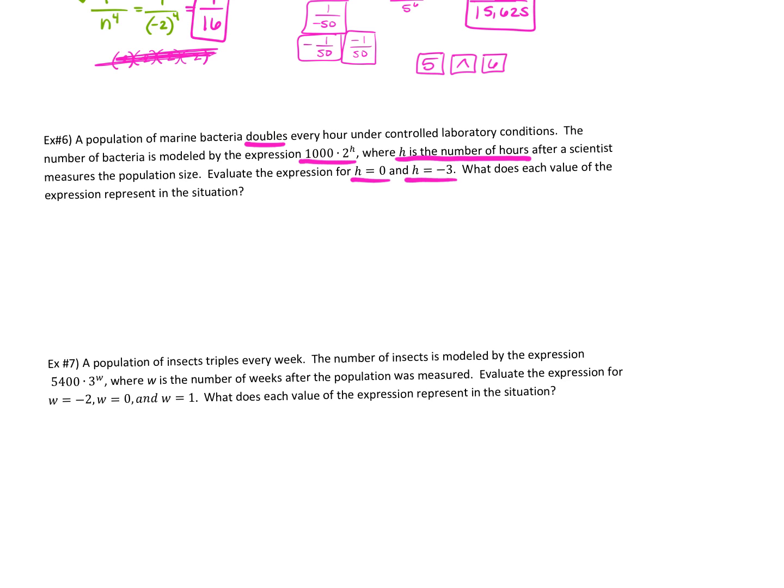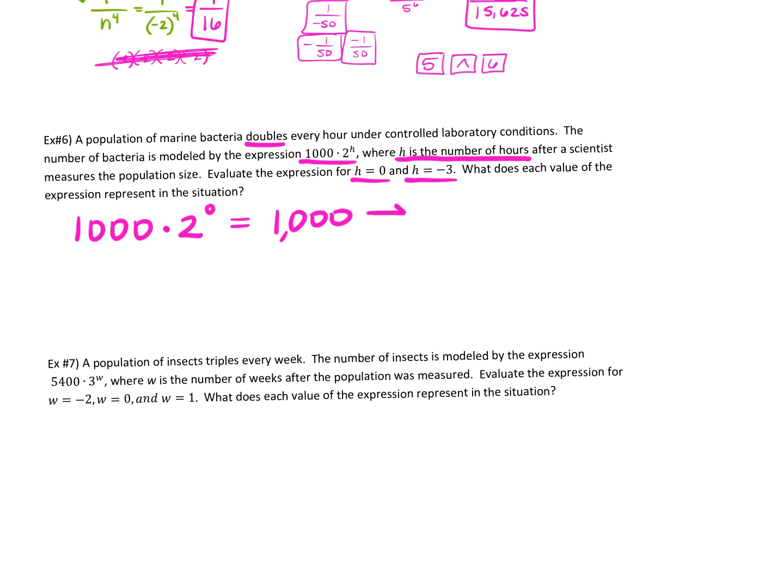Okay, so if the expression is 1,000, it is doubling, that's the 2, to the 0 power. What is 1,000 times 2 to the 0? What's 2 to the 0? It's 1. So 1,000 times 1 is 1,000, okay?